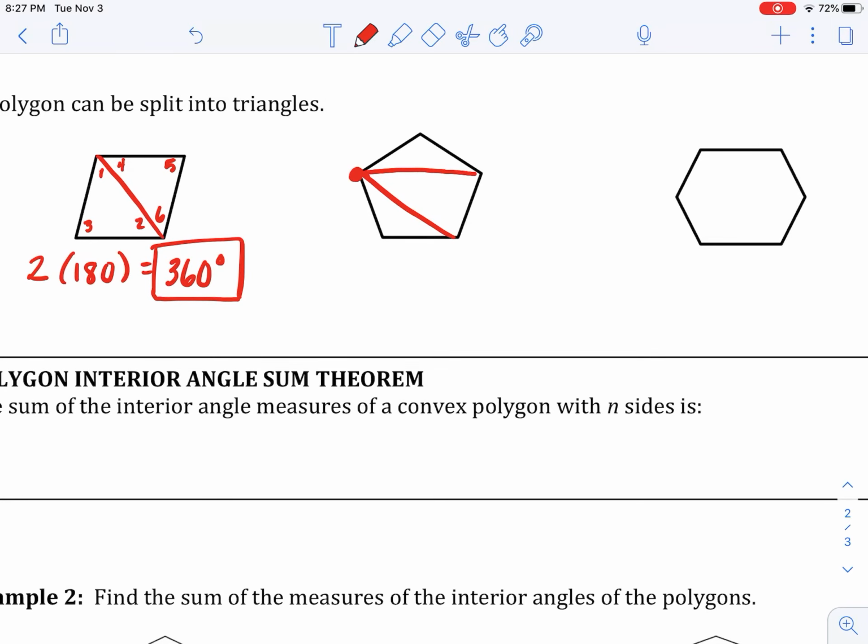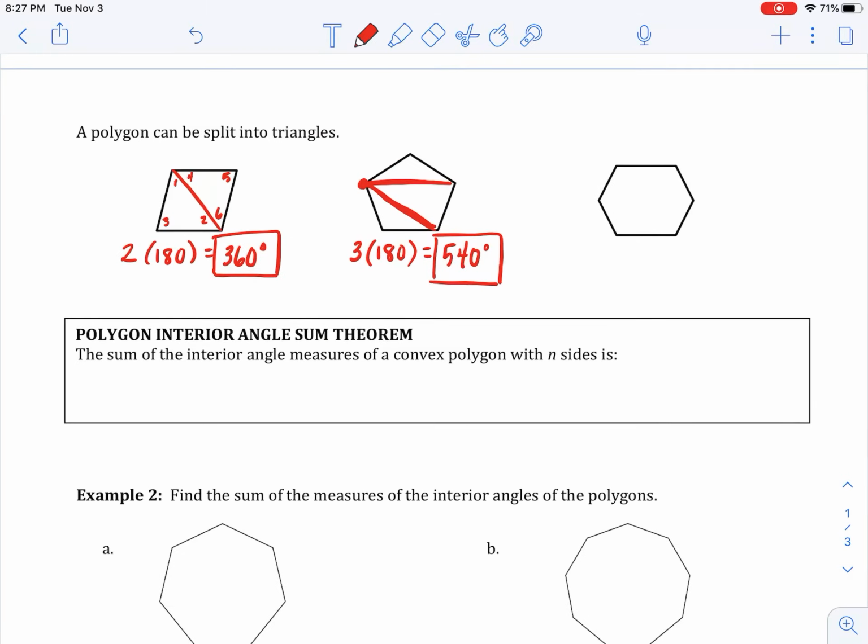So I picked this vertex here, and I drew what are called diagonals in. If you go from that vertex to any opposite vertex, you can create these 3 triangles. And so I know I have 3 triangles. Each of them is 180 degrees. And if we multiply that out, we get 540 degrees. So anytime you have a pentagon, no matter what it looks like, it'll have 540 degrees in the interior angles.